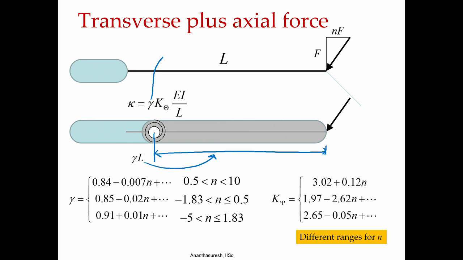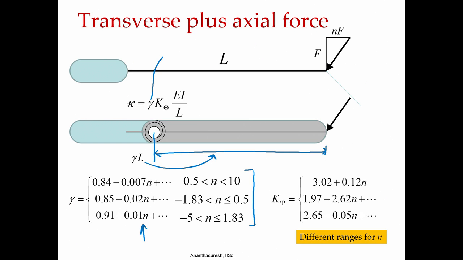In fact, what they found was different ranges of n as shown here. When n varies from 0.5 to 10, that is when the axial load is tensile, they gave something like 0.84 minus 0.007. In fact, these are all approximations. In another slide I have the 6 decimal place accuracy they give for these fitted curves to find this characteristic length factor. And where would you fix it?